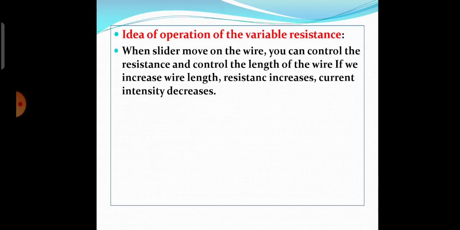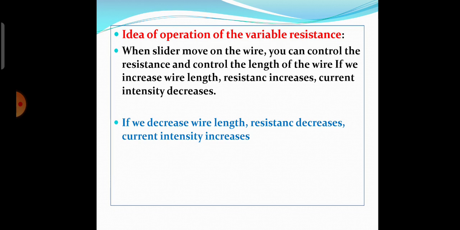The idea of operation of the variable resistance or rheostat is: when the slider moves on the wire, you can control the length of the wire and thus the resistance. If we increase the wire length, resistance increases, so the current intensity decreases.